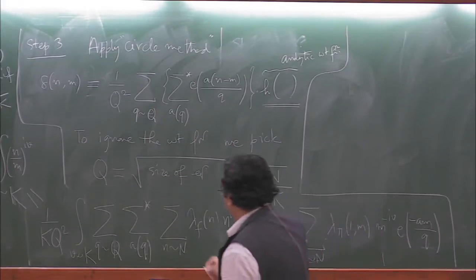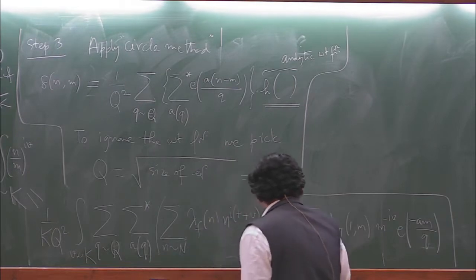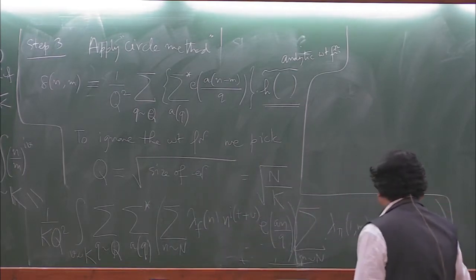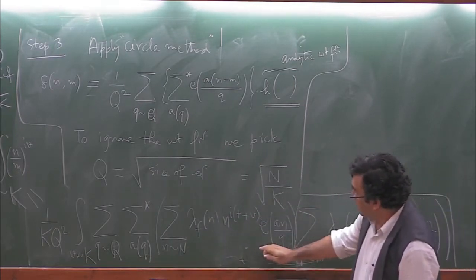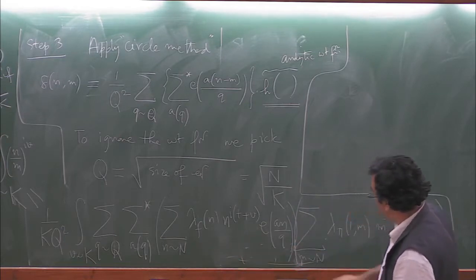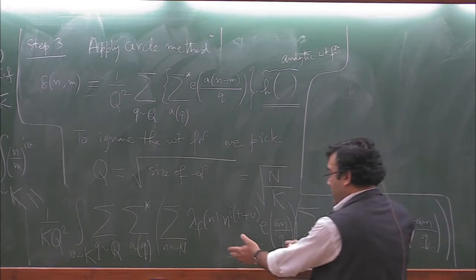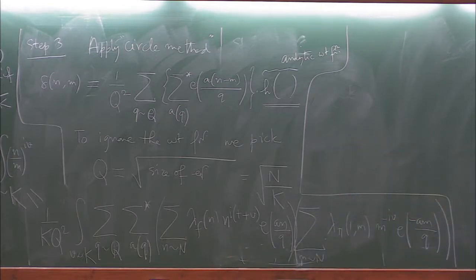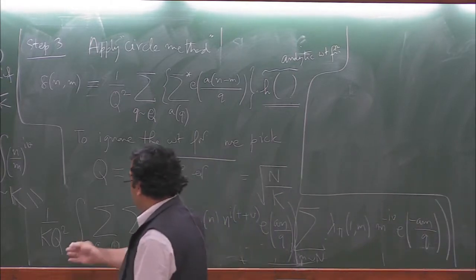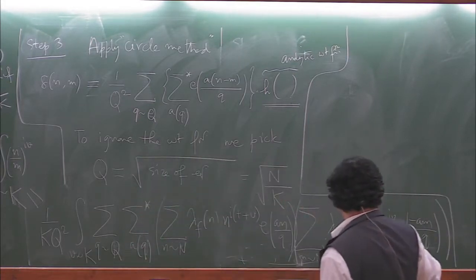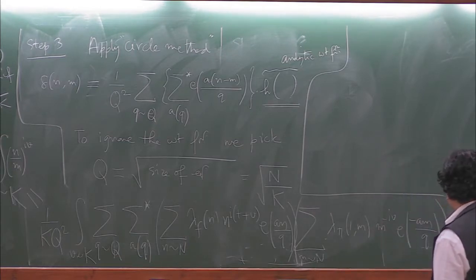Now you'll see that I have completely separated the oscillation. Okay, so there is nothing inside this n here. M is not involved over there. So they are completely separated. And so if you now estimate this sum trivially, then what do you get?